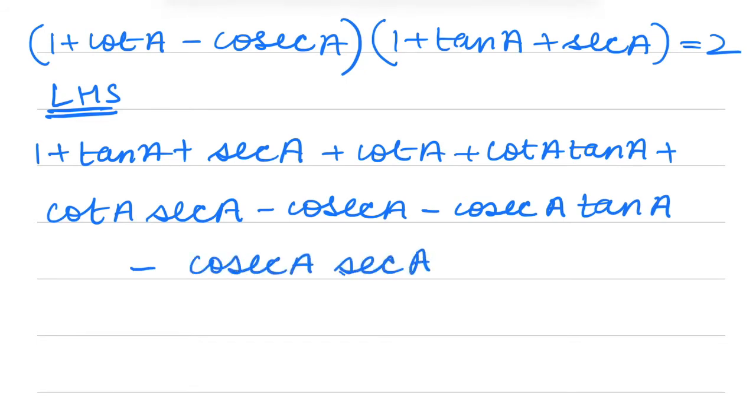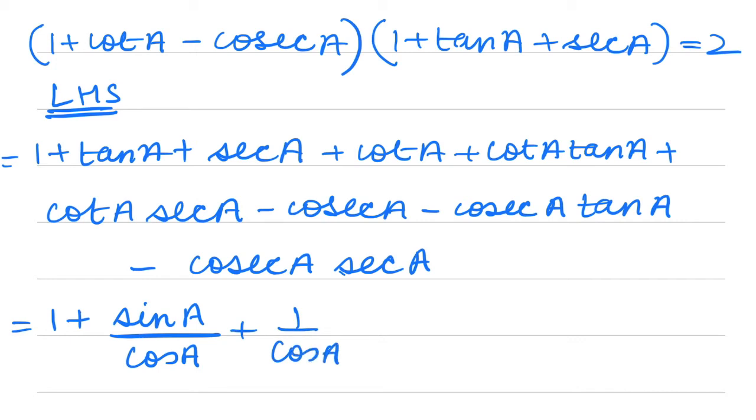In this step, let's convert everything into sine and cos. So 1 plus tan is sine A by cos A, sec A is 1 by cos A, plus cos A by sine A, and cot A into tan A becomes 1, so plus 1.